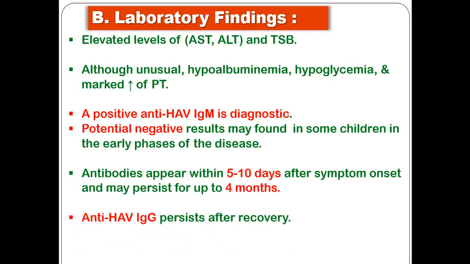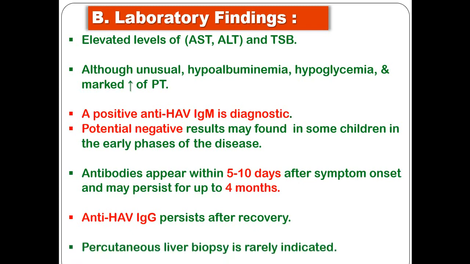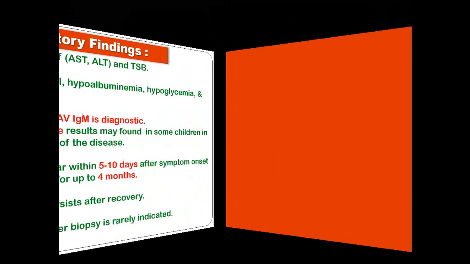This is about the IgM, and IgG is important because it persists after recovery, and we will know what the presence of positive IgG anti-HAV means. Percutaneous liver biopsy is rarely indicated. No need to do that, and if we do it, we will find balloon cells and acidophilic bodies, which are characteristic histologic findings in hepatitis A virus infection.